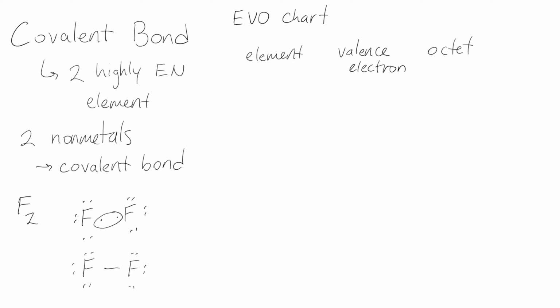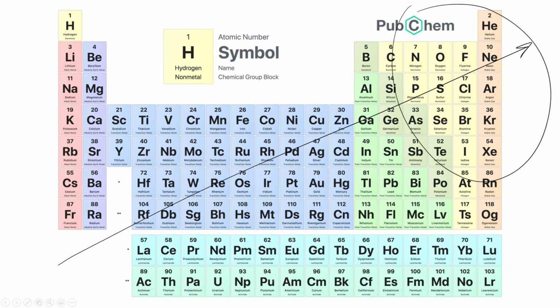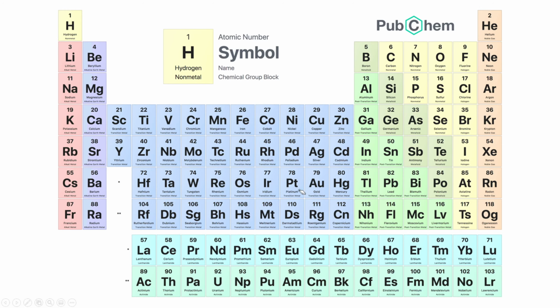If we look at F2, we can look at the element and note that we have two fluorines. Each fluorine has 7 valence electrons. How do I know it has 7 valence electrons? On the periodic table, you have all of these groups, all of these families, numbered from 1 to 18.